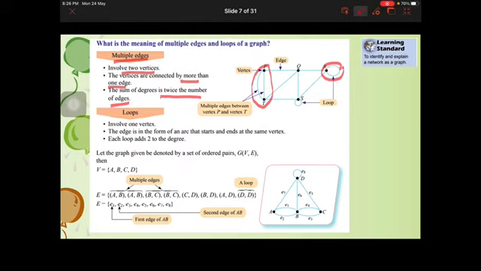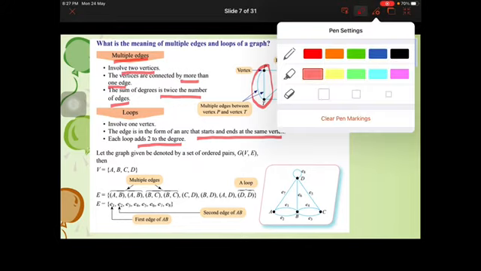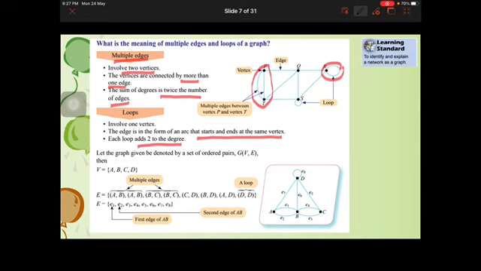Loops involve only one vertex, and the edge is in the form of an arc that starts and ends at the same vertex, like a cycle or a circle. So each loop adds 2 to the degree. That means if we have a loop, the degree for that vertex, you must add 2. For example, look at the vertex R here.